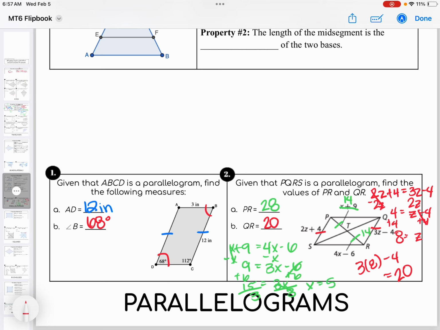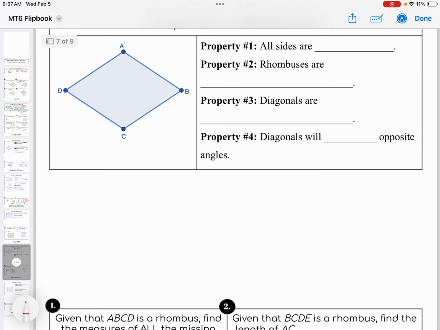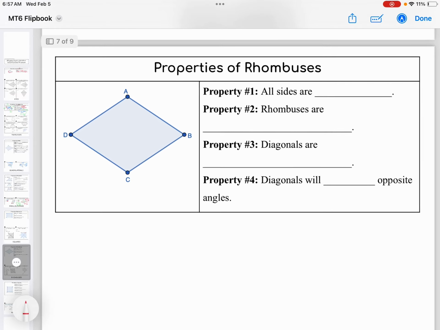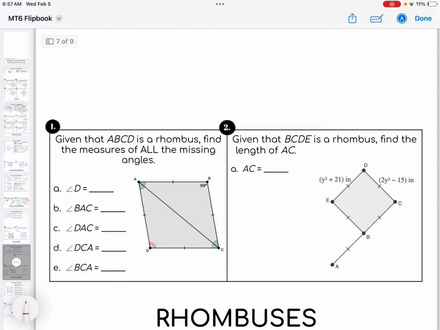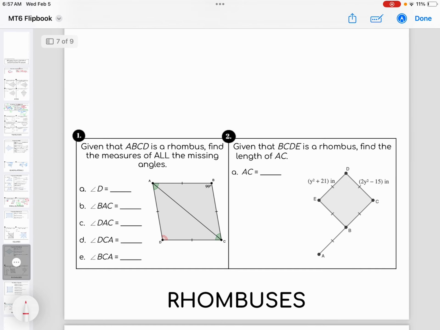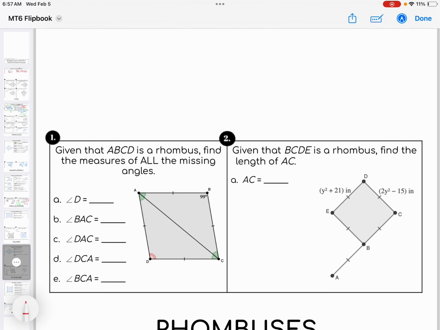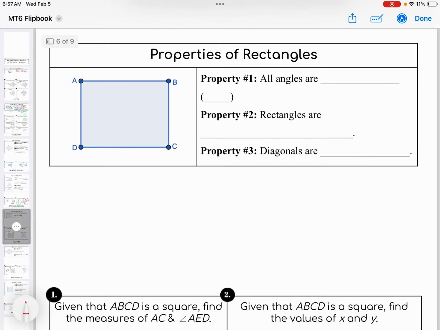Okay, so those are the examples for parallelograms. Now we're going to move to talking about rectangles. Oh, here we are.